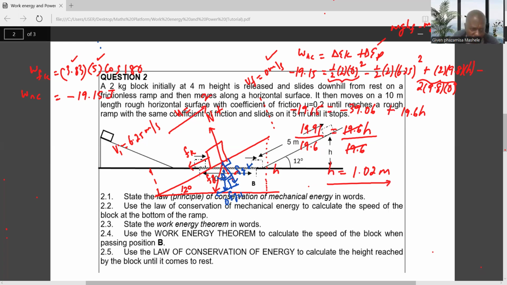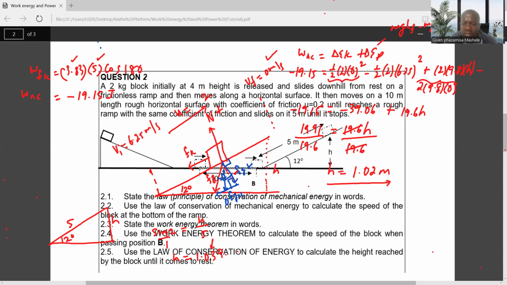But now let me confirm this with what I was talking about. I just want to check something. This is 12 degrees. It was a displacement of 5. Sine 12, opposite over hypotenuse. 5 sine 12, which is actually 1.039 something, which is 1.04.